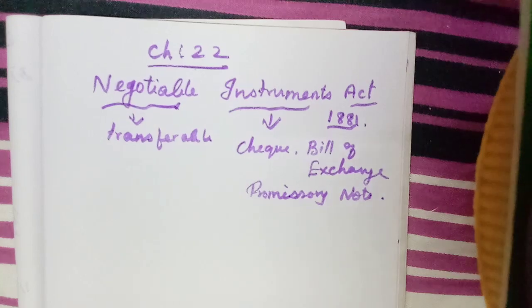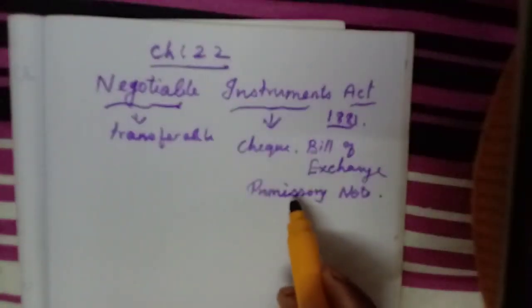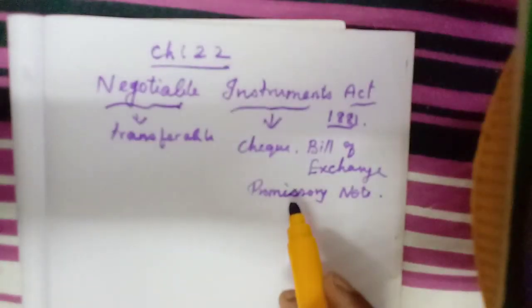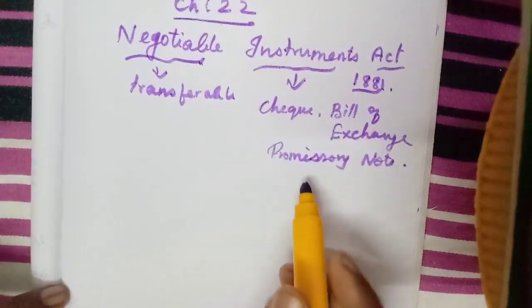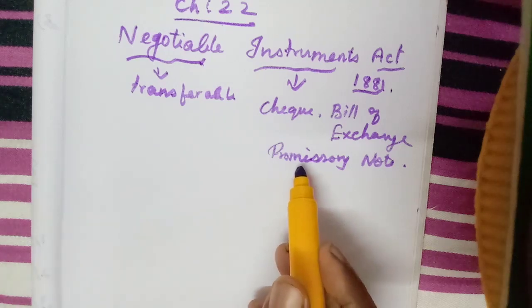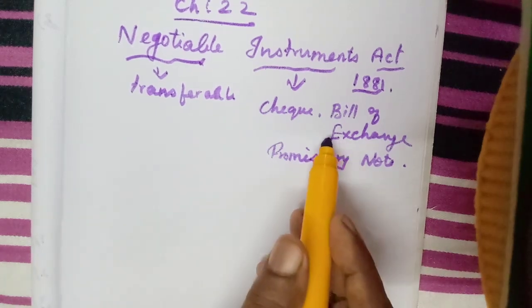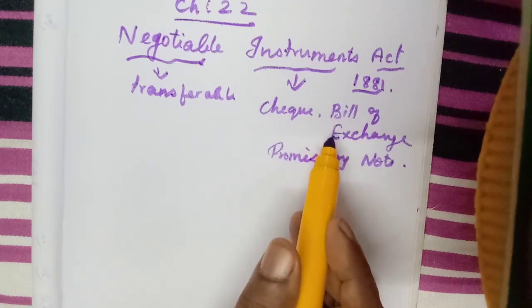Before, centuries before, they were having only the bill of exchange and promissory notes. Their origin was very old. The bill of exchange was prepared by the seller of goods.